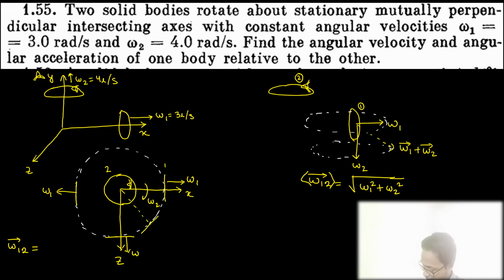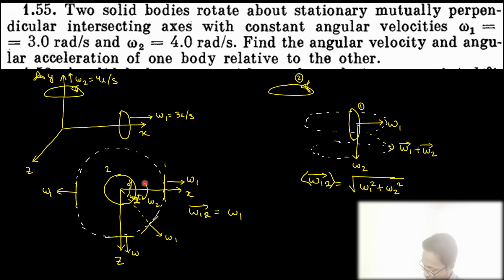Suppose after a certain time the disk has rotated out here, with angular velocity omega 1. What is this much angle? This much angle is nothing but omega 1 t, because omega 1 is constant here. So can I write omega 1 2, the relative velocity of 1 with respect to 2, as omega 1 cos omega 2 t?